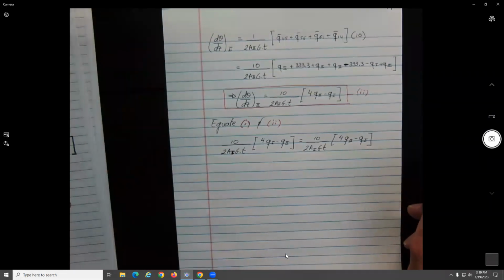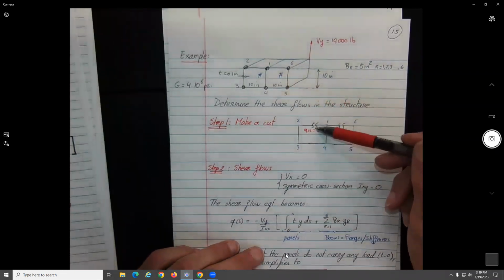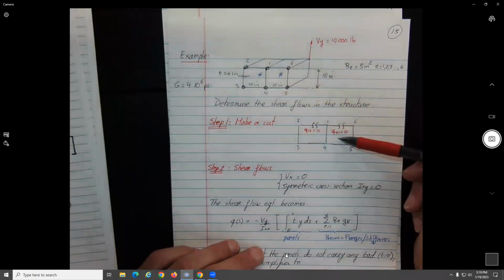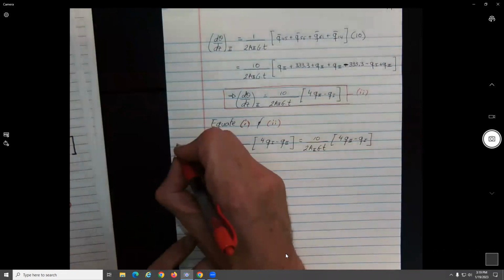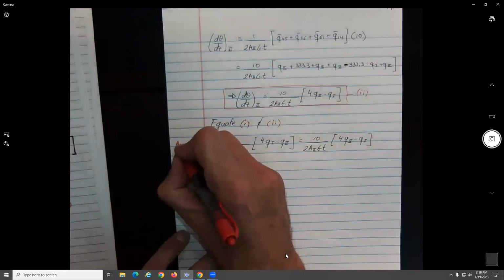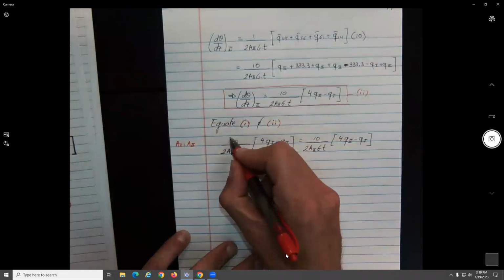Since the structure is symmetric, what can you expect about the assumed shear flow in each one of the cells? They should be equal, no? So that's probably what we're going to get, as you can see in the equation. You see here that A1 equals A2, so you can cancel out these two terms.